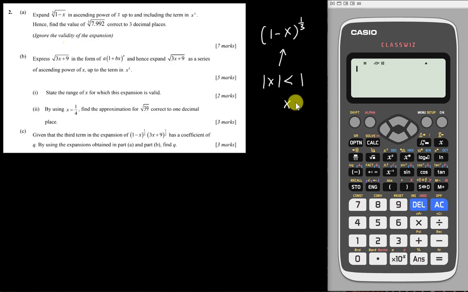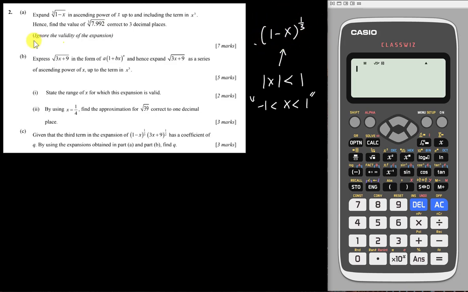This range must be followed in order for the expansion to be valid. So when we want to find the cube root of 7.992 from this expansion itself, it is kind of impossible.